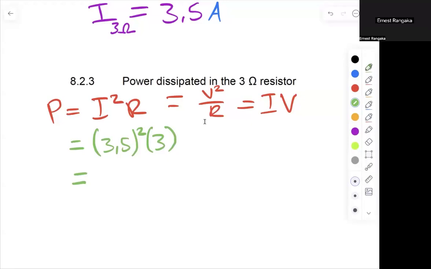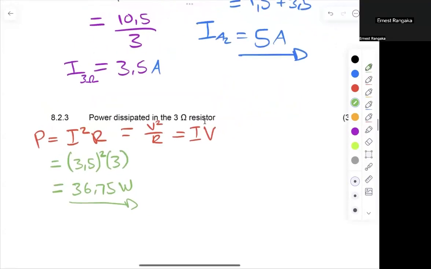Wakile's got it there. Thank you so much. Biente gave us a good answer there. Please remember your units, Biente, for power. Power is measured in watts, not joules. Joules is energy and work, but the units are correct. So it's going to be 36.75 watts. Very important. That's the power dissipated in the 3 ohm resistor. Hope that makes sense to you guys.